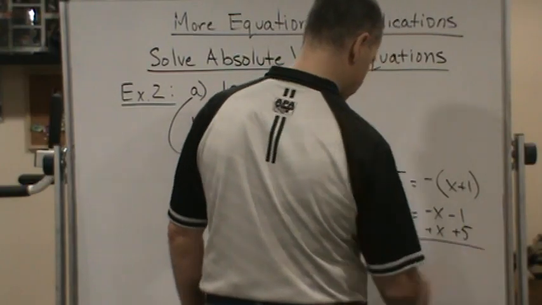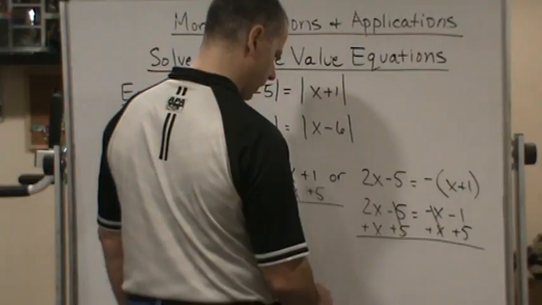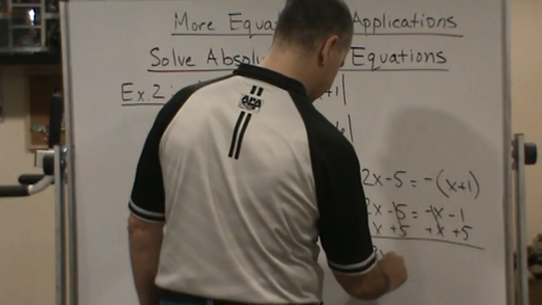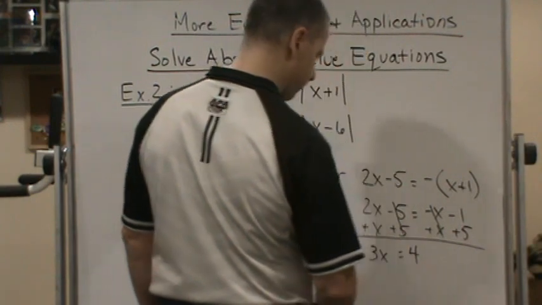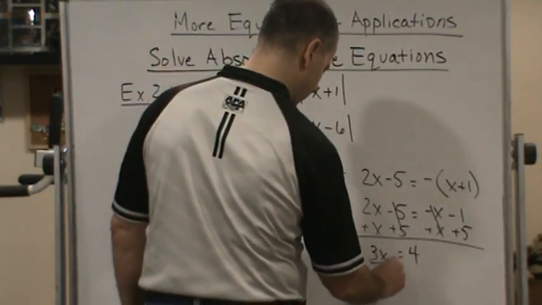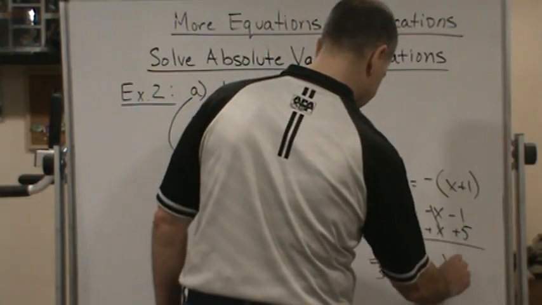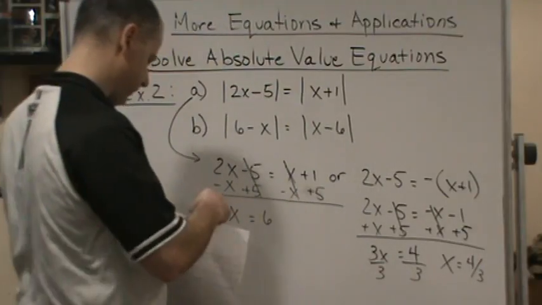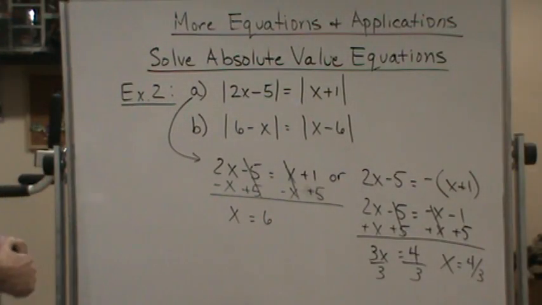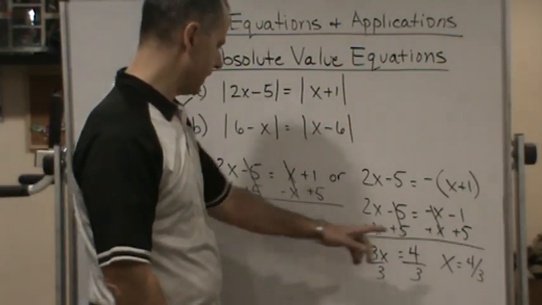Again, these cancel, and I get 3x equals 4. If I divide both sides by 3, I get x equals 4/3.